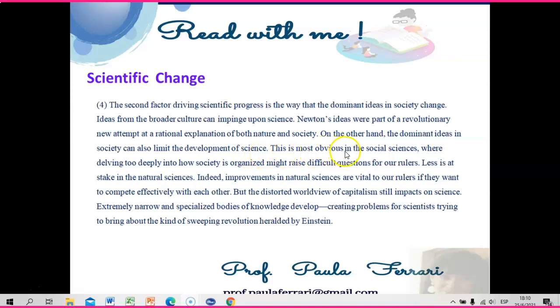This is most obvious in the social sciences, where delving too deeply into how society is organized might raise difficult questions for our rulers. Less is at stake in the natural sciences. Indeed, improvements in natural sciences are vital to our rulers if they want to compete effectively with each other.